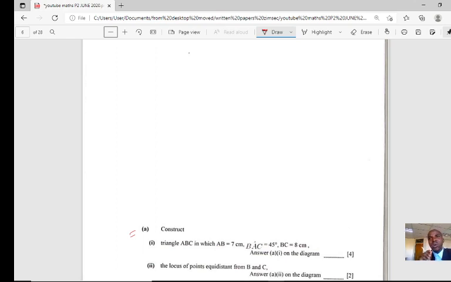Remember, all angles basically, or most of the angles that will be asked in the exam, they come from an angle of 90 degrees and an angle of 60 degrees. Like 45 degrees, it comes from 90 degrees. What do you have to do? You have to construct an angle of 90 degrees first, then you bisect that angle and you get an angle of 45 degrees.